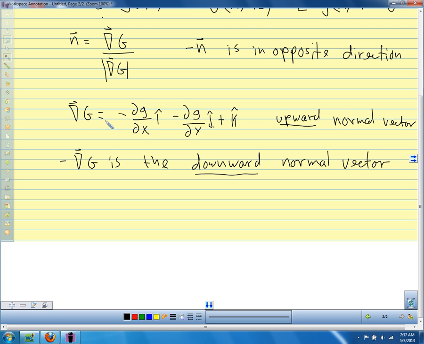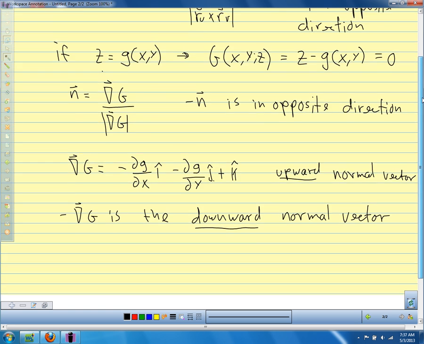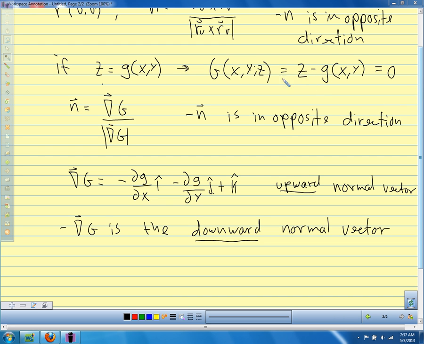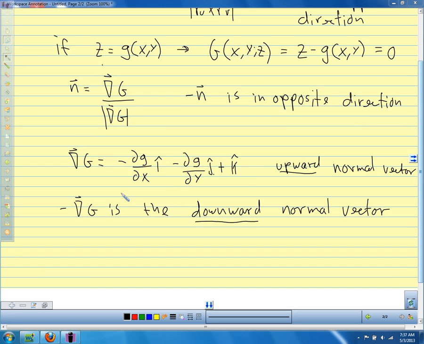So del g, if we write our surface as g of x, y, z equals z minus this function, gives us our upward unit normal vector. And it's going to play a really important role when we're talking about our surface integrals.